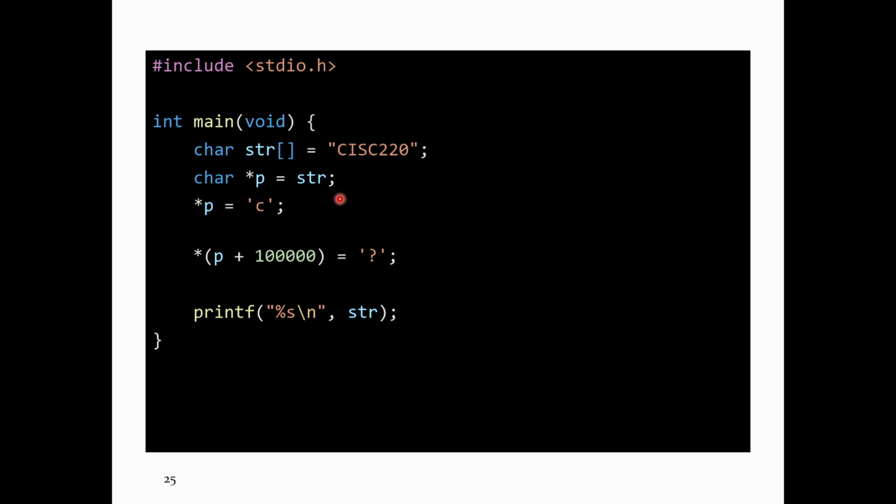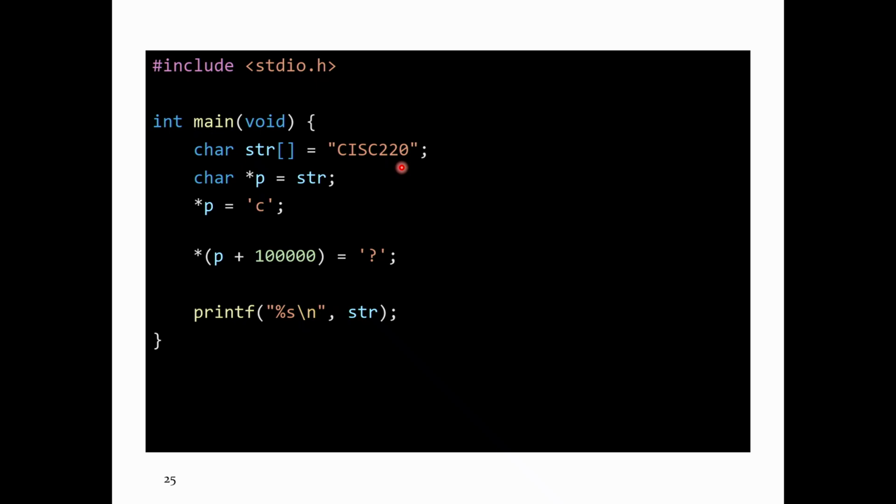I'm going to change the first character of the string to little c. And now I'm going to write p plus 100,000, so the 100,001st element of this string. I'm going to try changing that to a question mark.